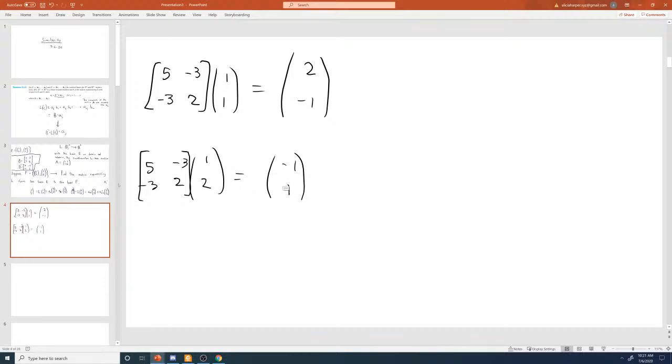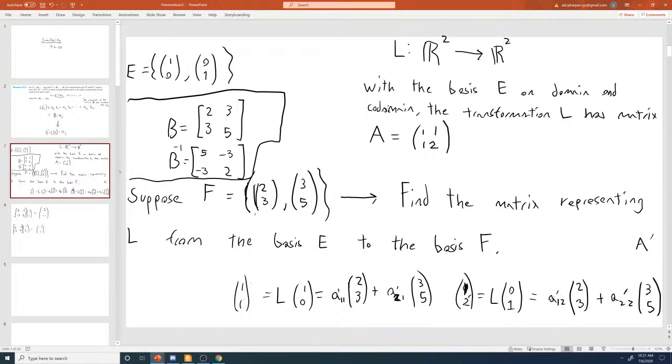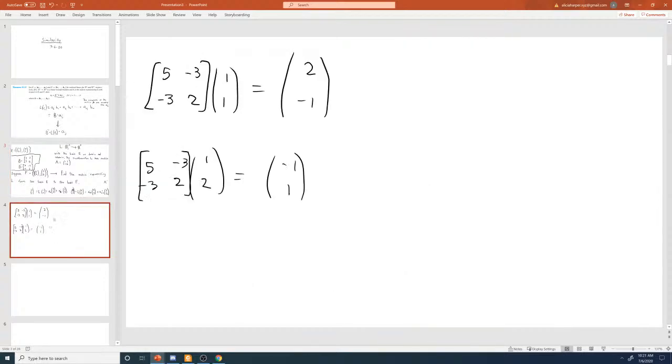So I have this vector and this vector. According to the previous theorem, what I just did is figure out exactly what A11, A21, A12, and A22 are. Because this right here is A11 prime and A21 prime. This right here is A12 prime and A22 prime.